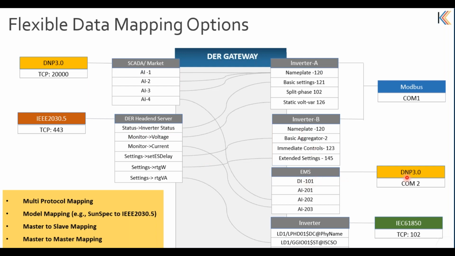And if the integration is through DNP3 or any of the custom APIs, all the data which is collected from the devices can be mapped to DNP3 or 2030.5, depending upon the data profile requirement for the utility.